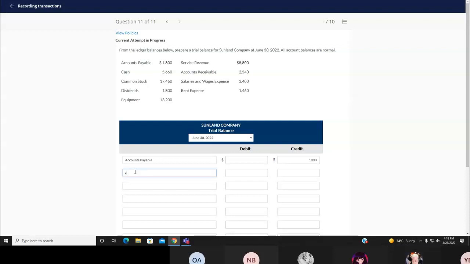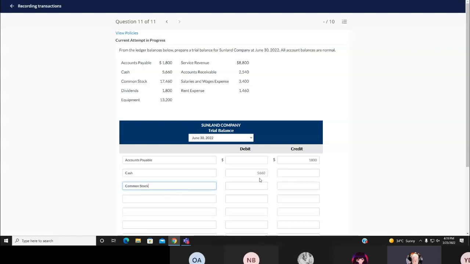Cash. What kind of balance is an asset account? Debit balance. Right. Okay. Common stock. What kind of balance does the equity account have?